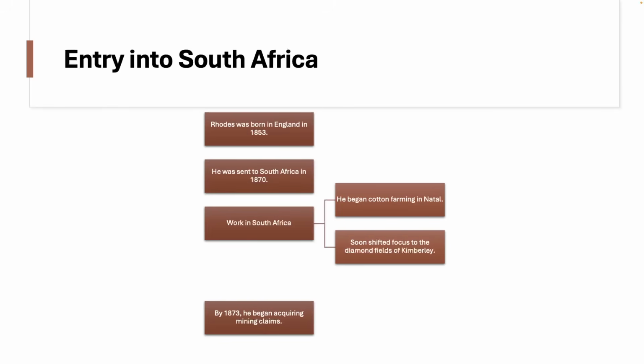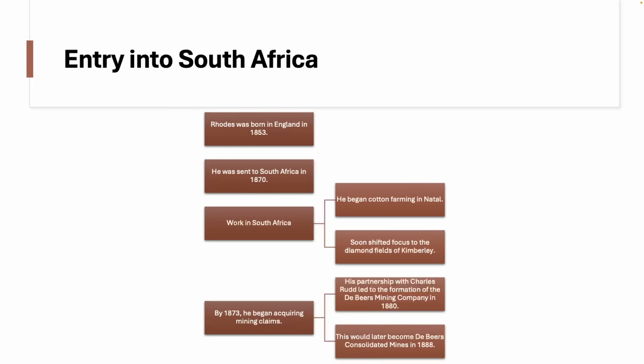His partnership with Charles Rudd led to the formation of the De Beers Mining Company in 1880, which later became De Beers Consolidated Mines by 1888.